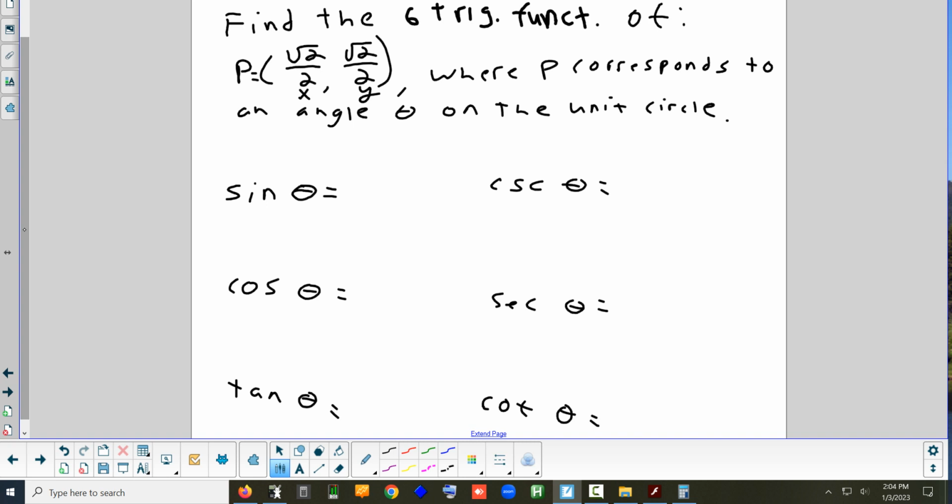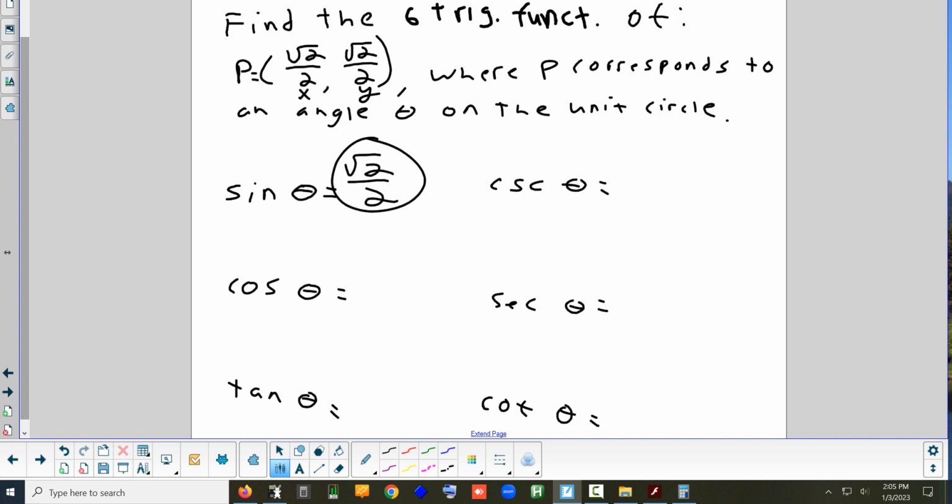So it's going to be the square root of 2 over 2. Yes, what's the letter then? Because they're both square root of 2 over 2, this one, you could mix up the x and the y this time and you'd get lucky, you'd still get it right. But we do have to know which one. The y. So the sine is the y, which in this case is root 2 over 2.